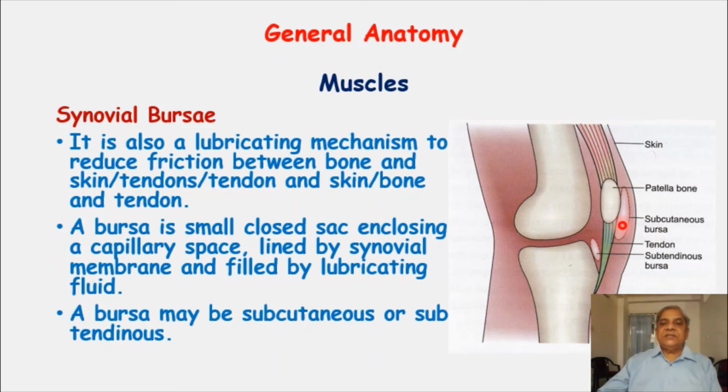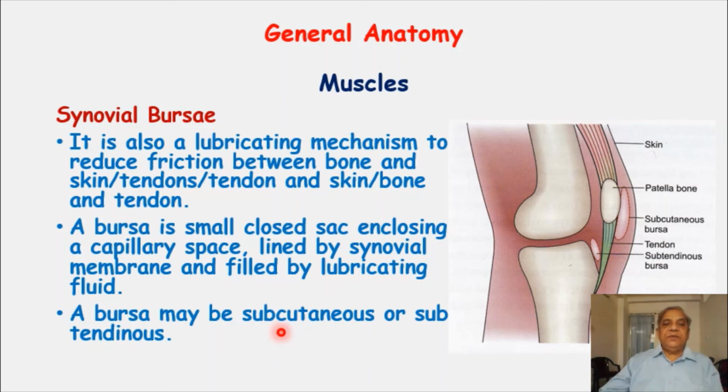So it will minimize the friction during the movements of the knee joint. Thus a bursa, as I said, is a small closed sac enclosing a capillary space. Though the space shown here in this diagram is much more, it is a narrow capillary space. This is lined by the synovial membrane and filled with the lubricating fluid.